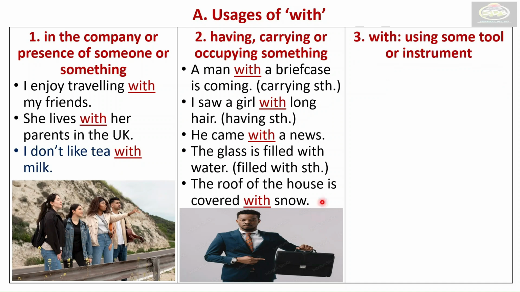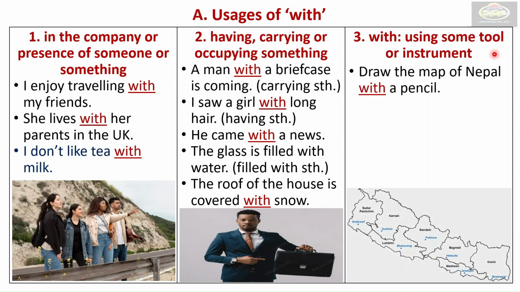Next rule is using some tool or instrument. It means we use with to indicate the use of some tool or instrument or means to do something. Example, draw the map of Nepal with a pencil. With a pencil means using a pencil, with the help of a pencil.